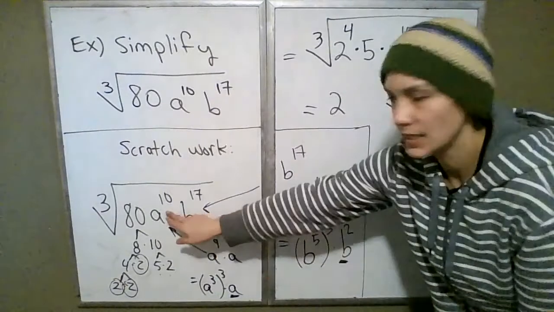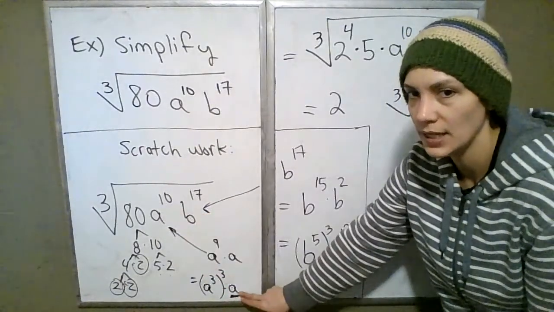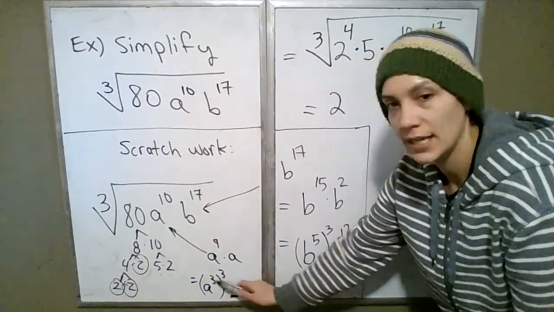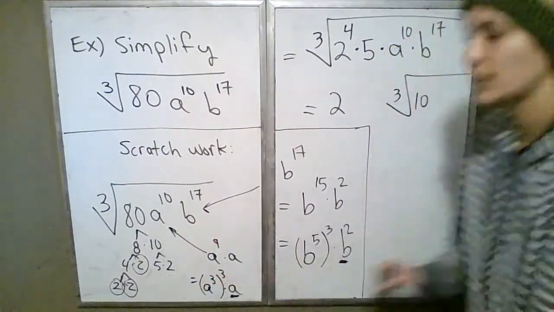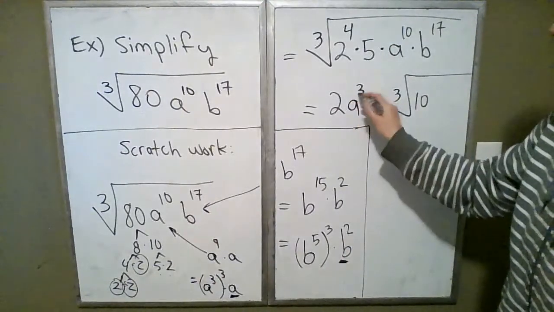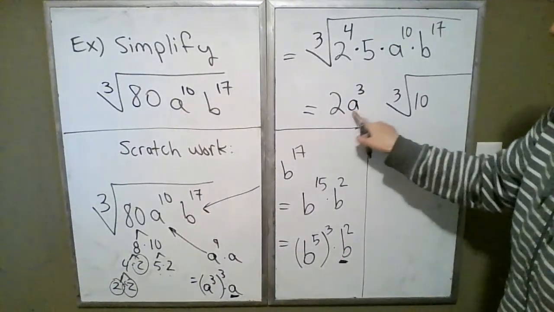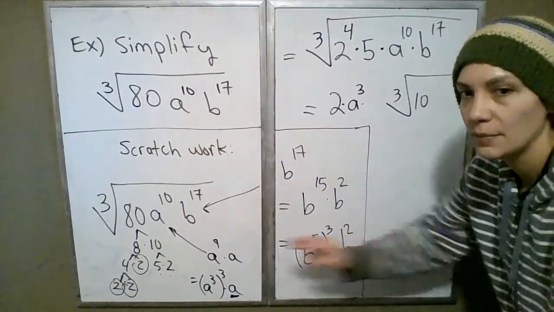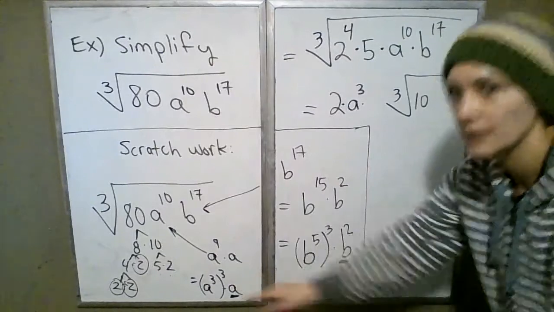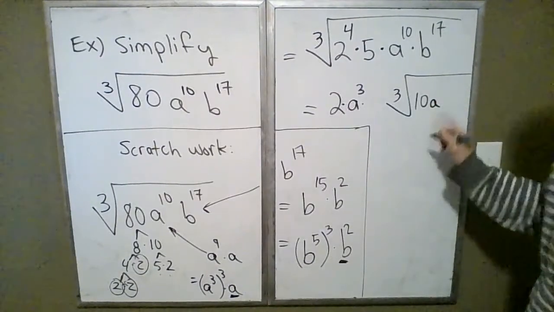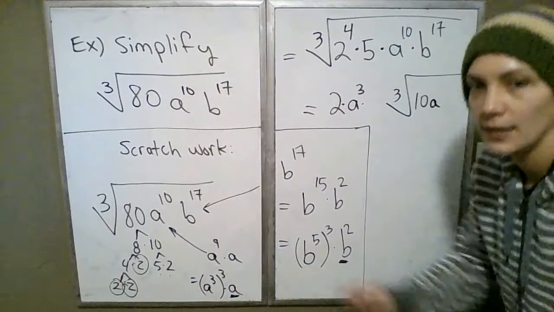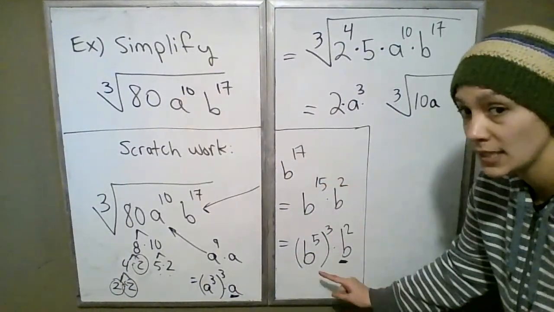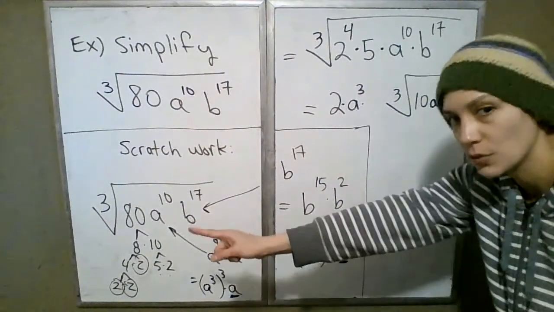Okay, with a to the 10th, looking at it this way, the power matches the root, and this a cubed in parentheses comes out and is multiplied with 2. But the a right here has to stay, multiplied with 10. Okay, and b to the 17th, we wrote like this, and that power 3 matches the root 3.